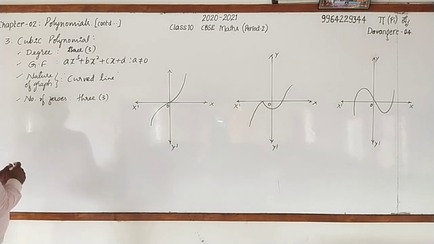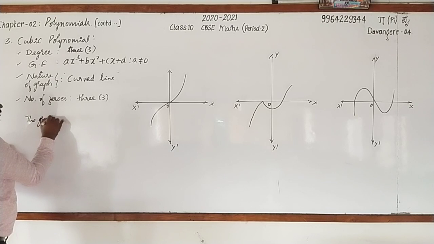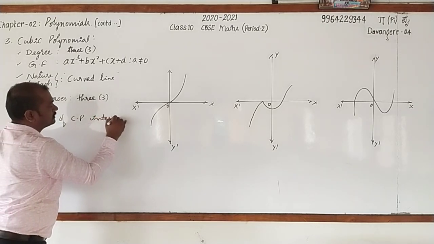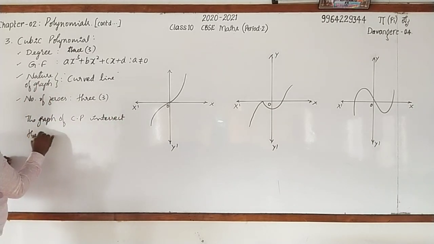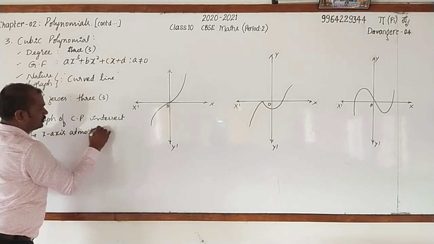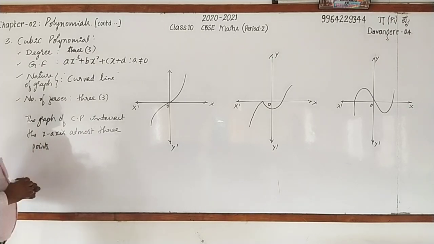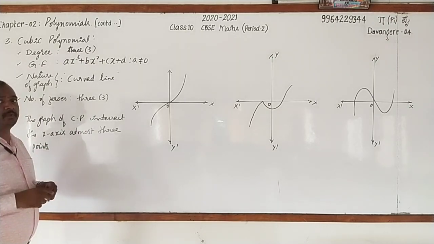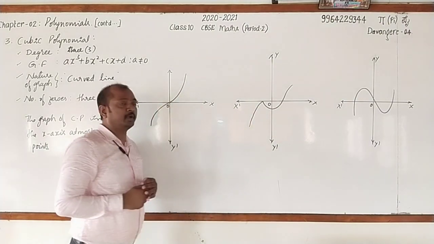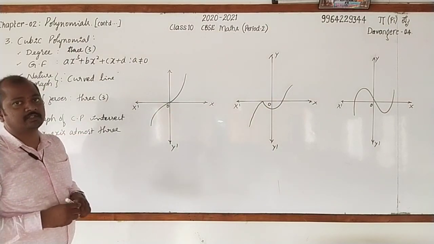Then here we also have to write, the graph of a cubic polynomial intersects the x-axis at how many points? At most 3 points. Got it? At most 3 points means it may even intersect the x-axis at 2 points only or at 1 point only. Hence we can come to know there are 3 conditions.